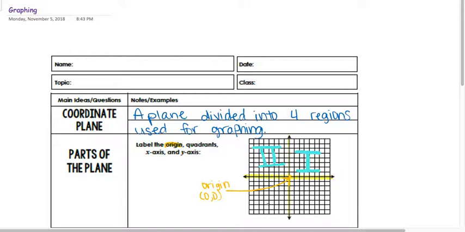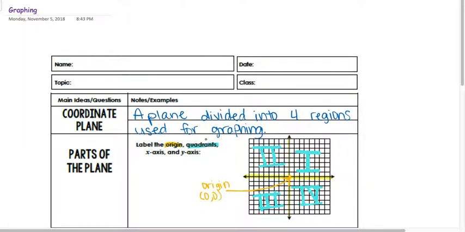Then we move down, and this is going to be quadrant 3. And this is going to be quadrant 4. Okay? So I'm going to highlight that so that you can see which is which whenever you're looking at your labeling, in case you get confused. There's your quadrants.